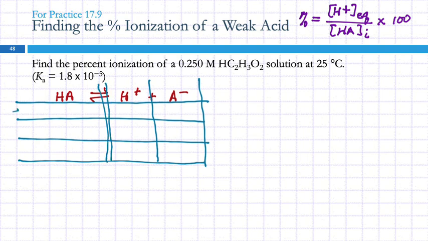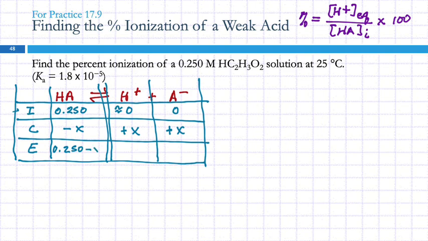I, C, E. So here's my initial concentration, 0.250, and the other initial concentrations are 0. And then minus x, plus x, plus x, giving 0.250 minus x, x, and x.